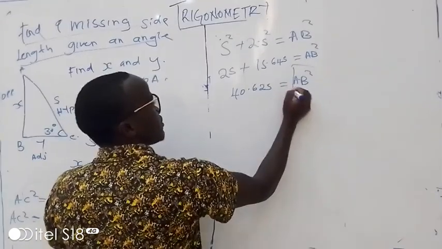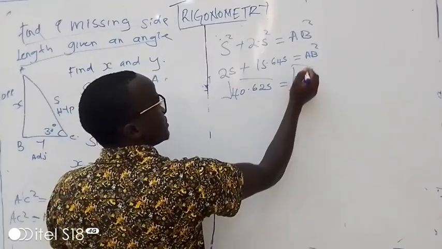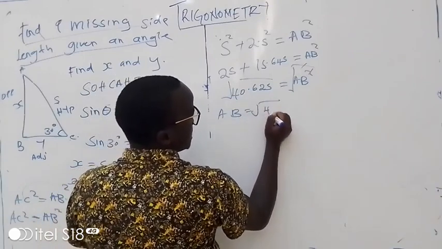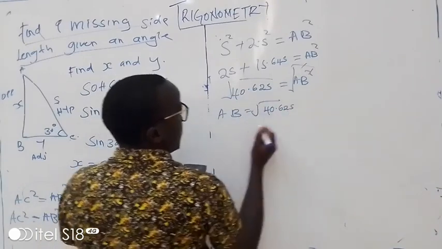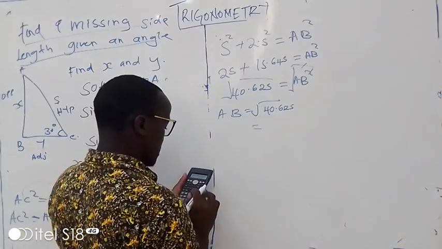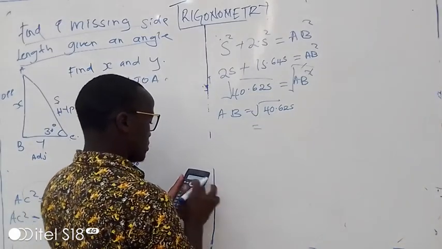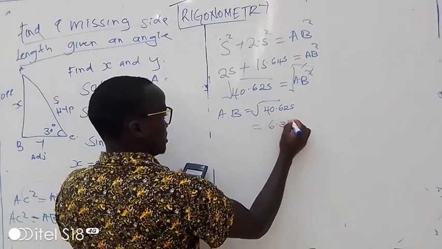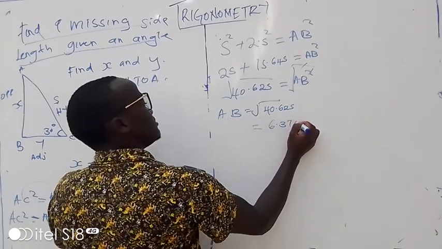Now we take the square root on both sides, so the square root cancels the square. Our BC will be the square root of that answer, which is about 4.33 centimeters.